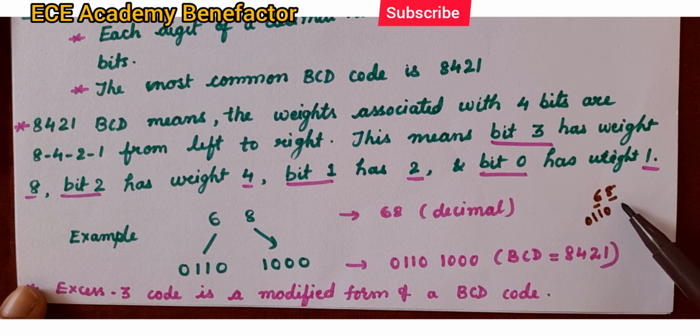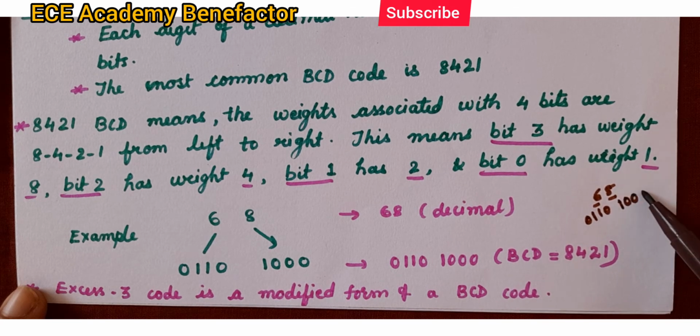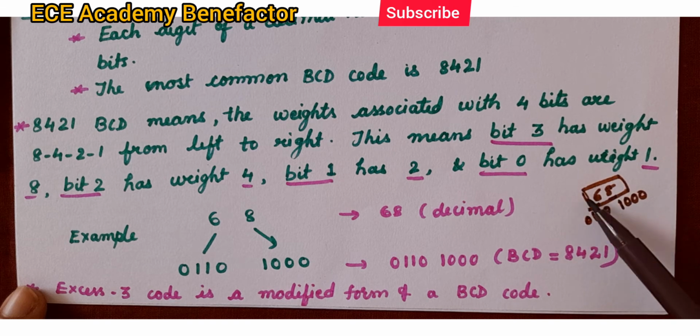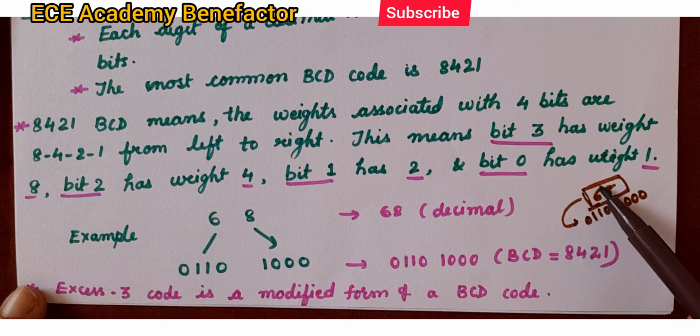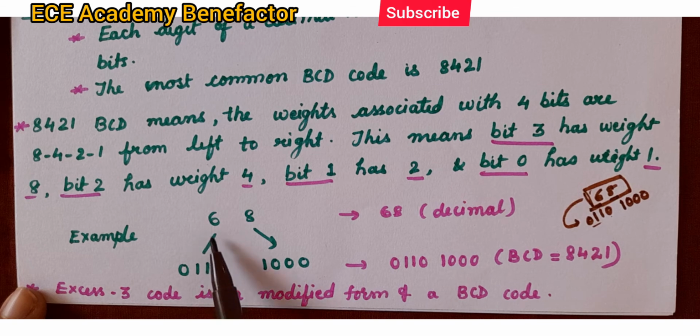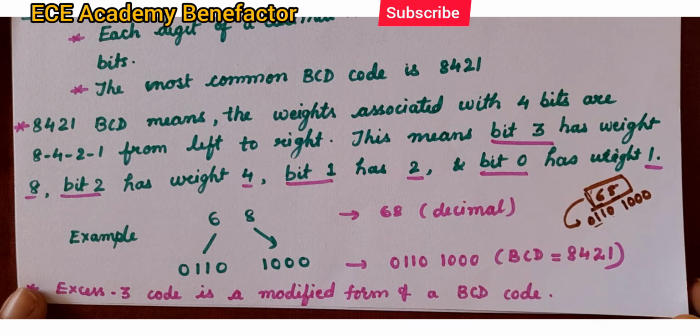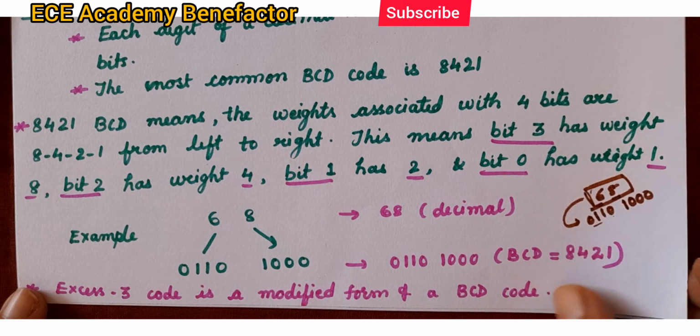What is 8 in binary? 1000. So 6 is 0110 and 8 is 1000. This is how we write for a given decimal number its BCD value.